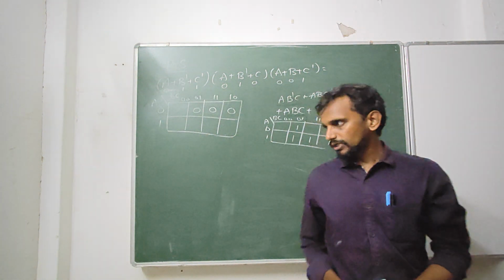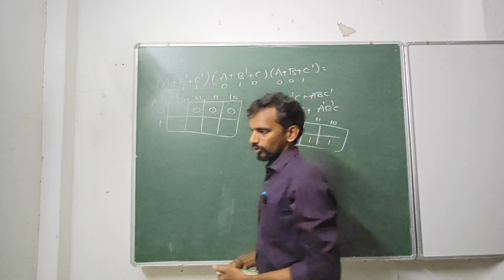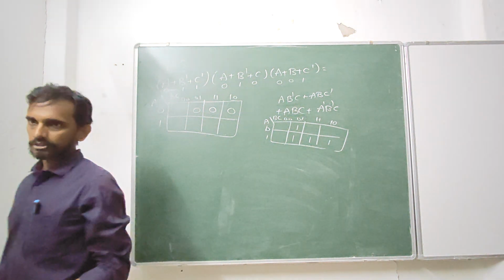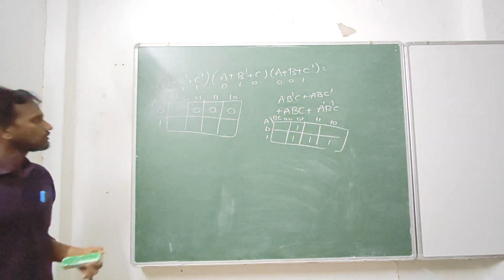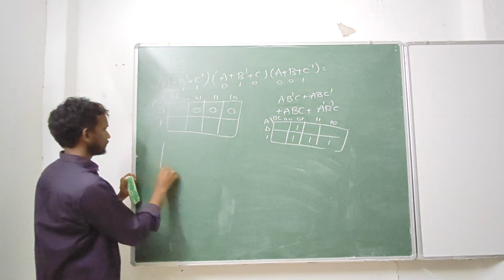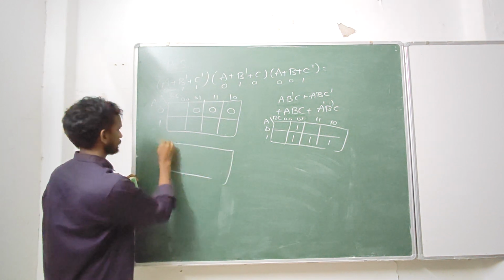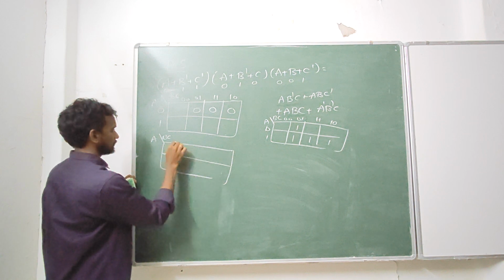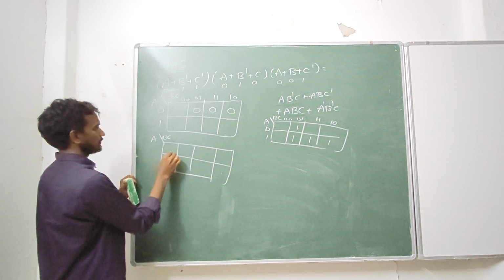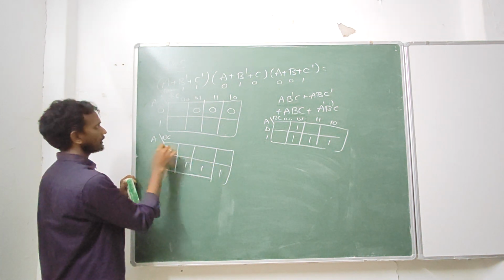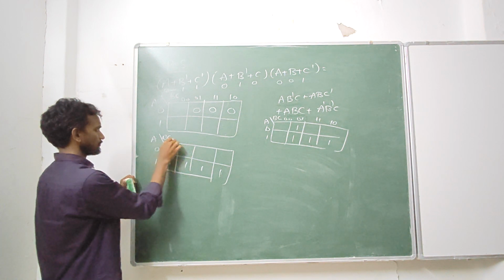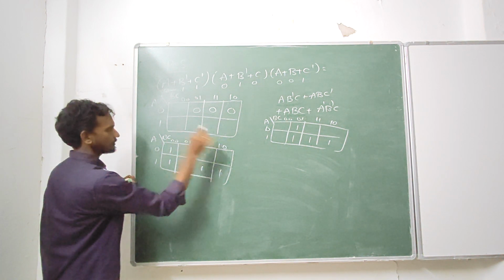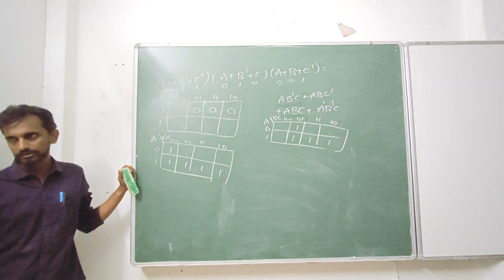Okay. So next, if you want the result in sum of products format, we have to consider ones in the rest of the cases. Keep ones in the remaining boxes and simplify it.